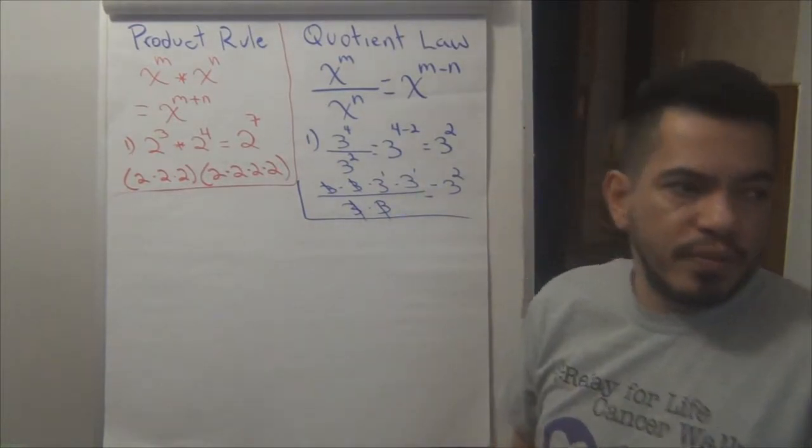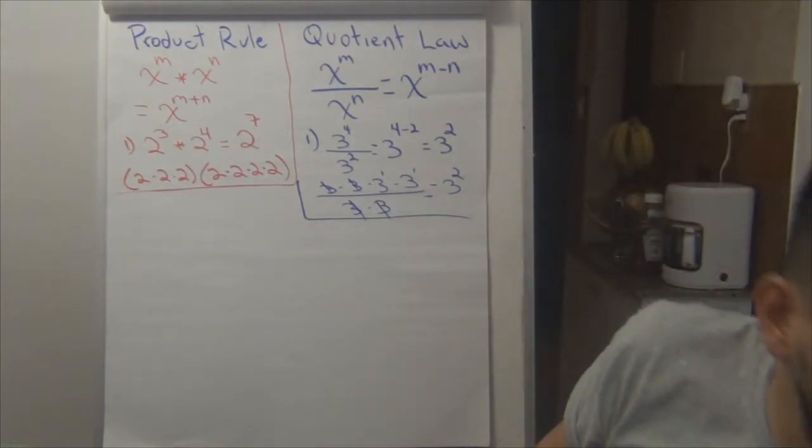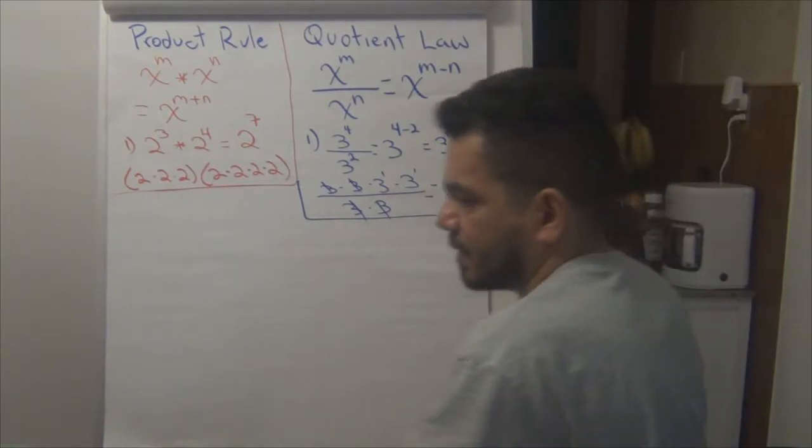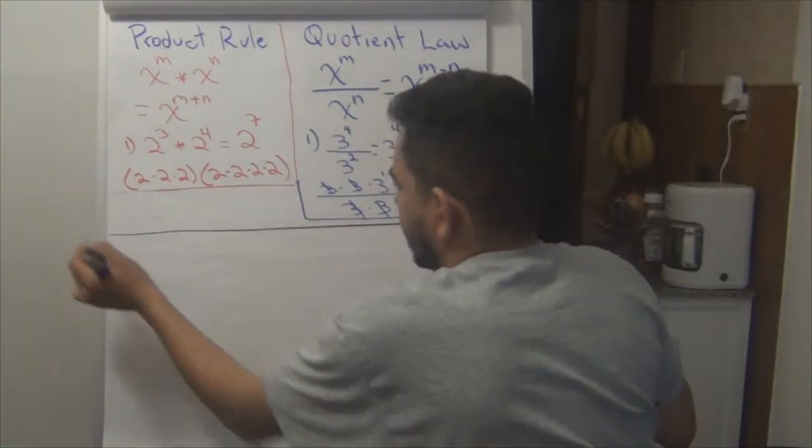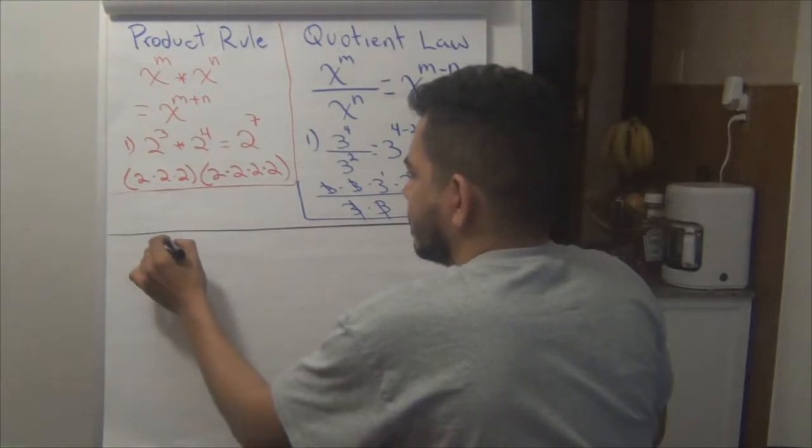Alright, next rule. We're going to have an exponent of an exponent. So let's use the black marker right here.